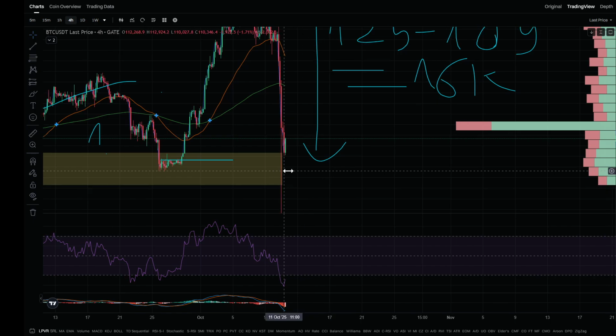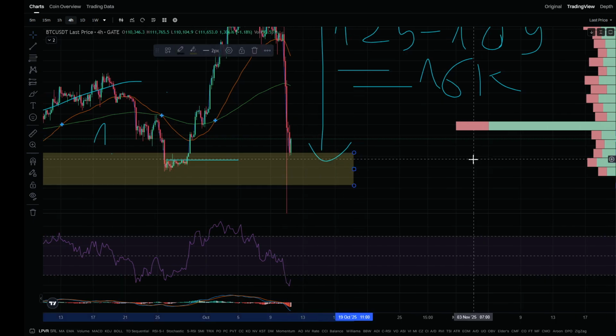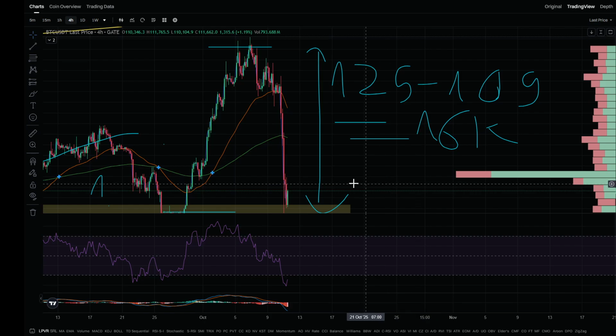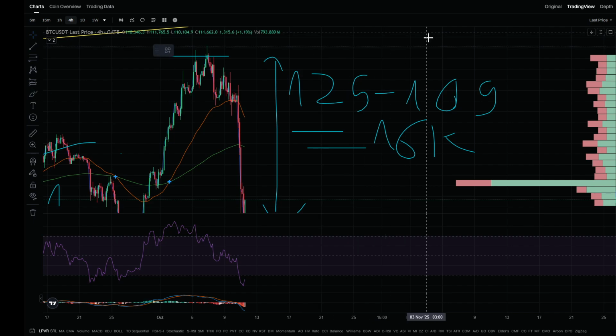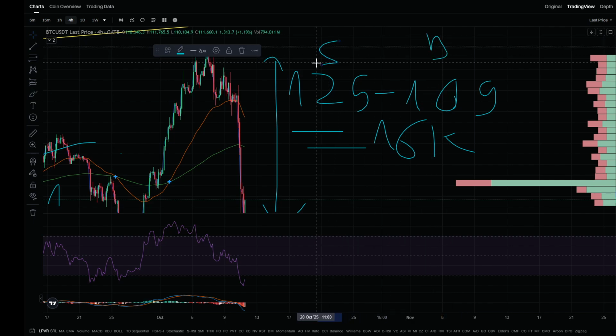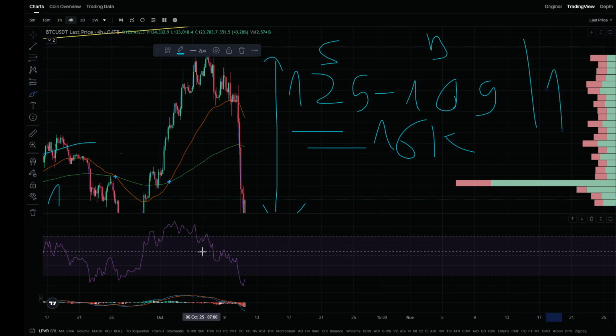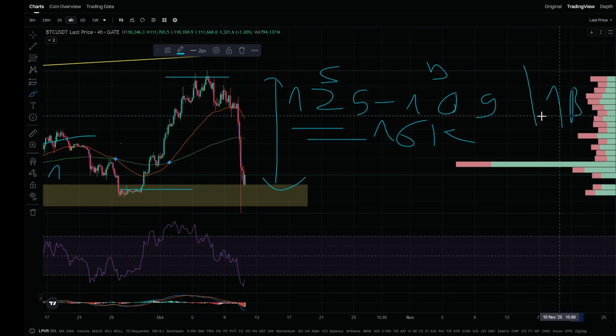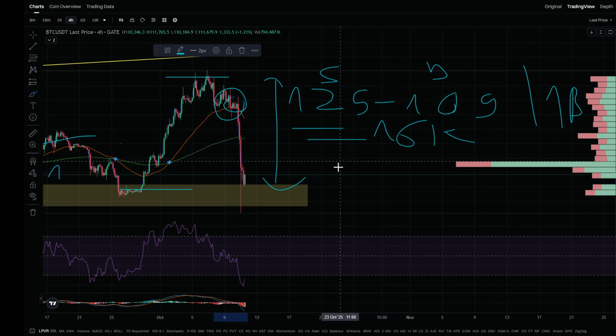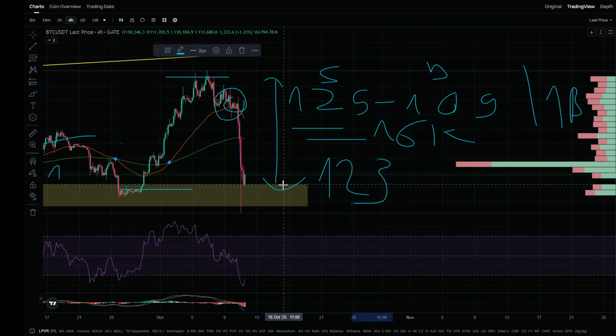Next, if this one is for the buy, so you buy here, the contract cost is one Bitcoin, and if you want to sell it here, let's say 123, you are already placing it.